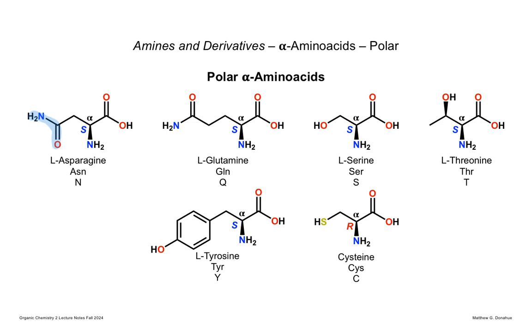Glutamine, GLN or Q, slightly longer chain amide, but that's the polar part of it. Serine is pretty popular. That's methylene and then OH, so SER or S. Threonine now has a second stereocenter with that alcohol.